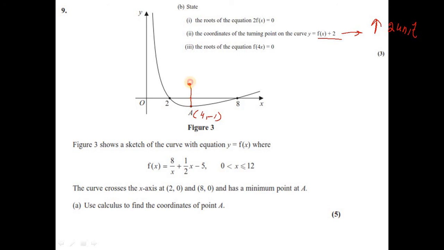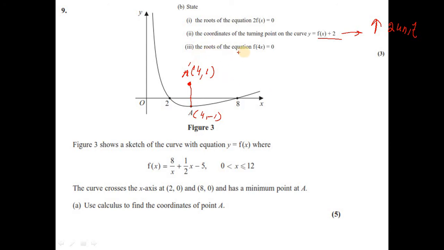So this is the new position of A. The x coordinate remains the same, which is 4, but the new y coordinate will be minus 1, 0, and then 1. So the coordinate of the turning point is (4, 1).